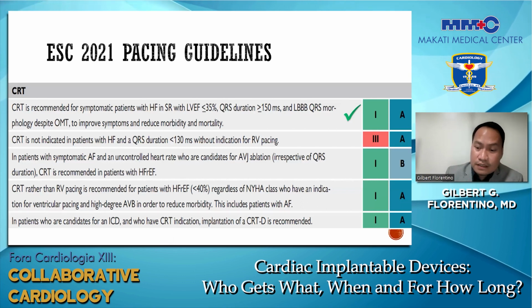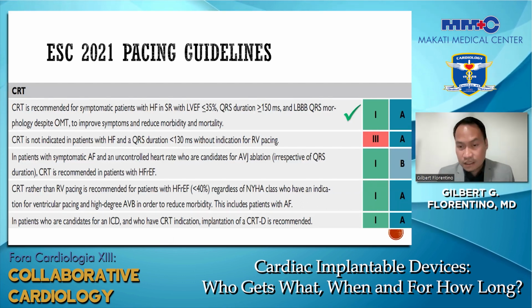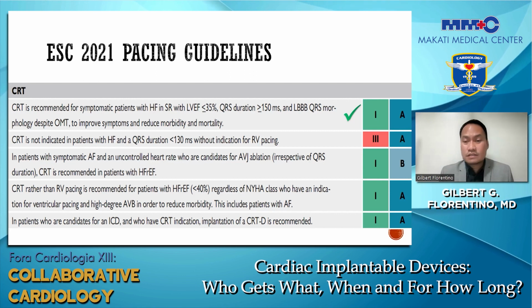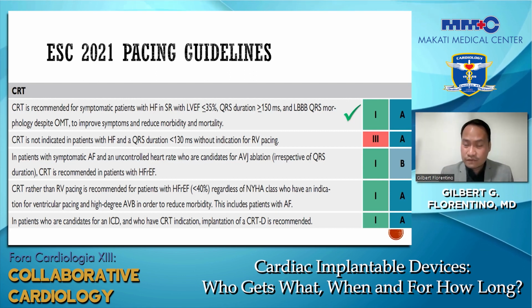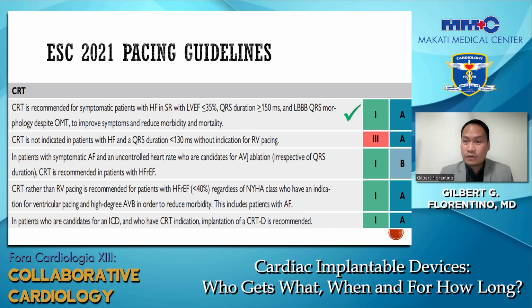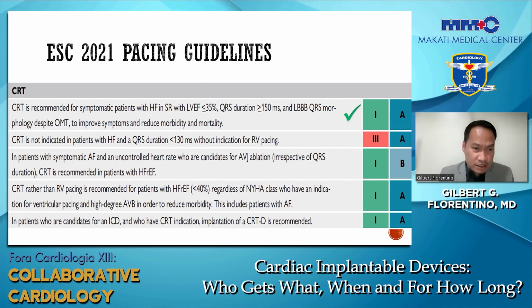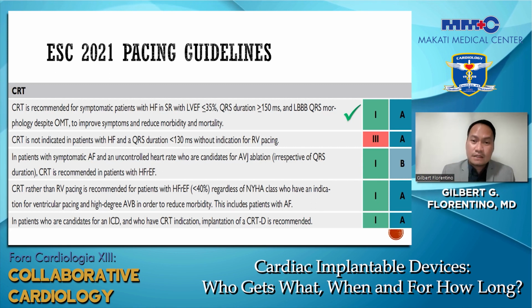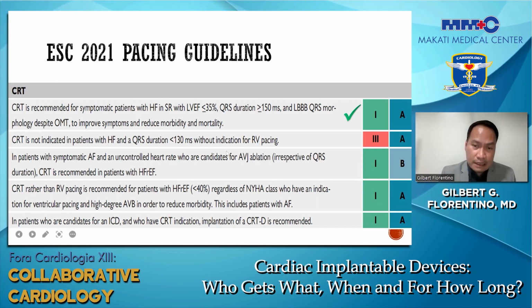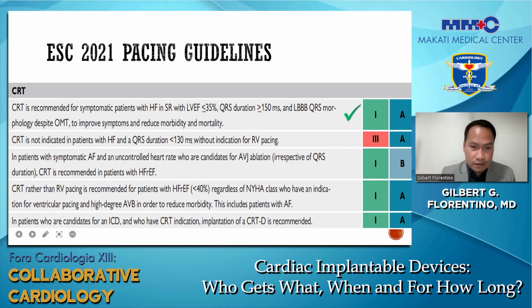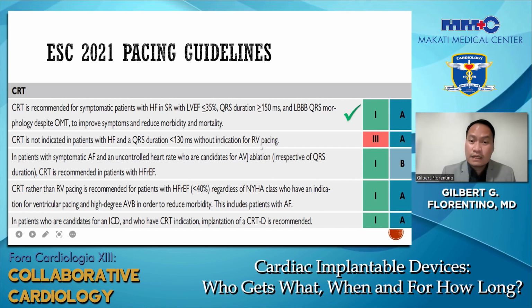The current guidelines tell us that it's a class 1 indication for, number one, sinus rhythm with a very low ejection fraction of 35 and a very wide QRS of more than 150 milliseconds with left bundle branch block morphology. Of course, it is not indicated for a QRS duration of less than 130 and without RV pacing.